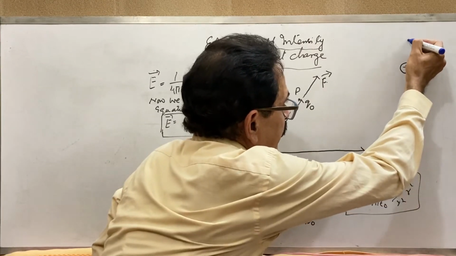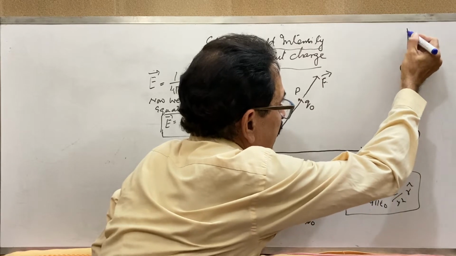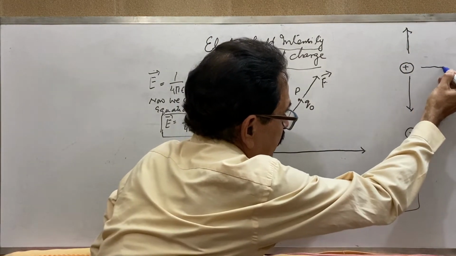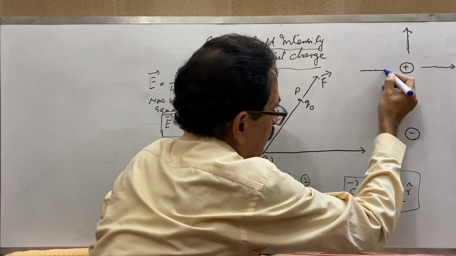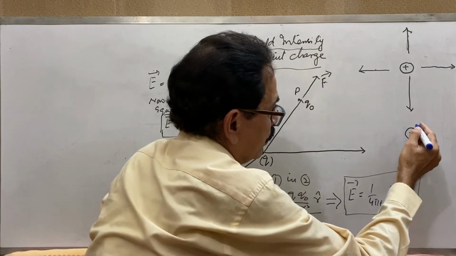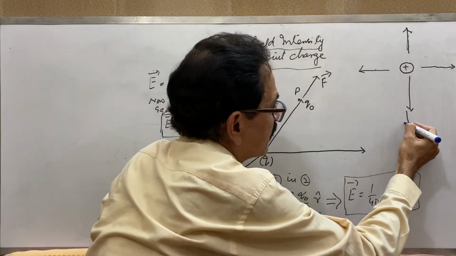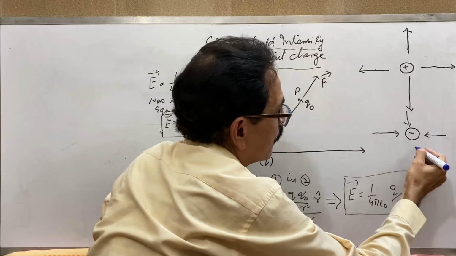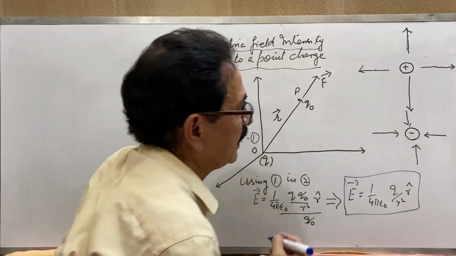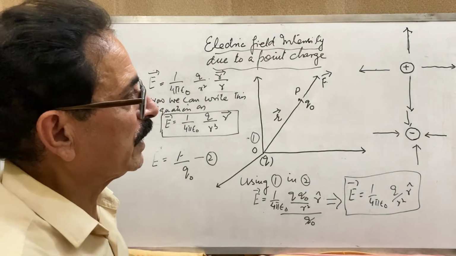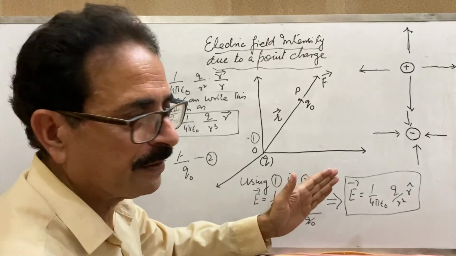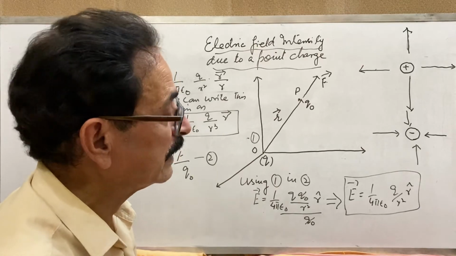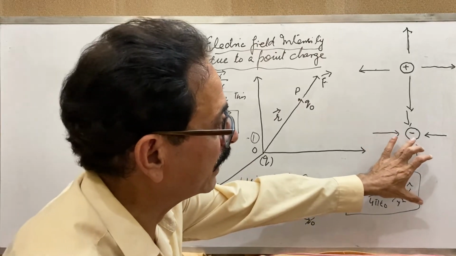This is an assumption. We assume these lines are always in outward direction. But in case of negative charge, electric lines are towards the charge. Always remember this: positive charge has electric field lines in outward direction. For negative charge, electric lines of force are towards a particular negative charge.